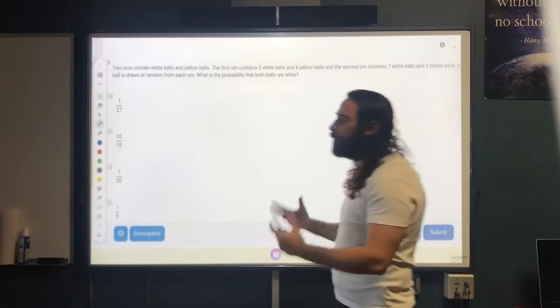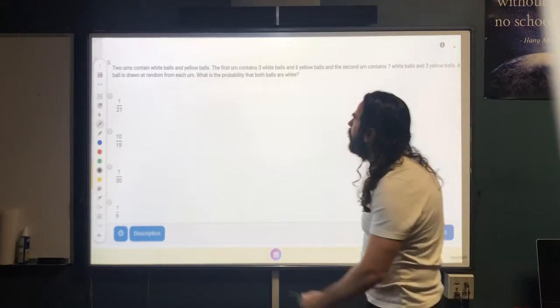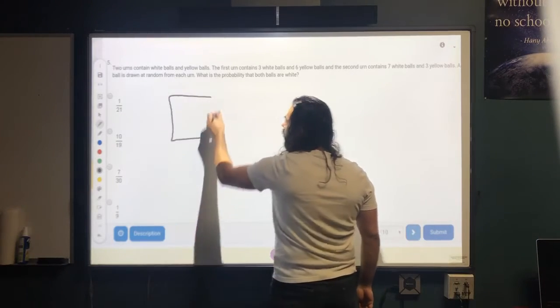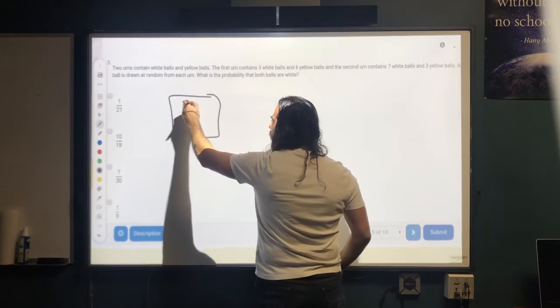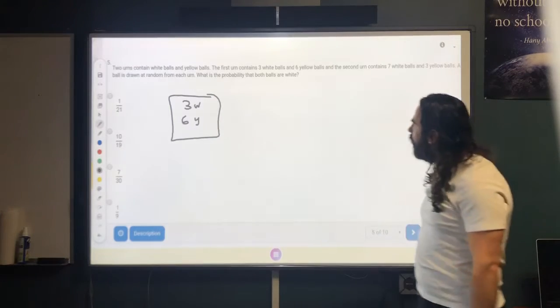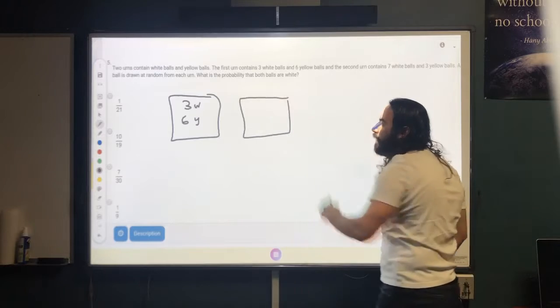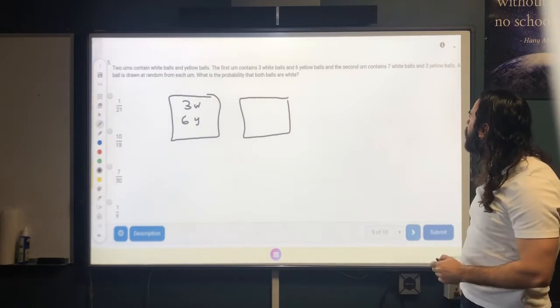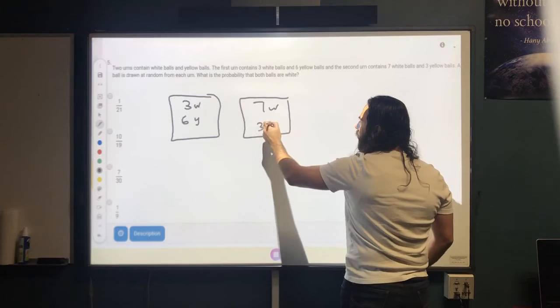So we have 2 urns that contain white balls and yellow balls. The first urn, so let's say this is an urn, contains 3 white balls and 6 yellow balls. And the second urn, we have another urn, contains 7 white balls and 3 yellow.